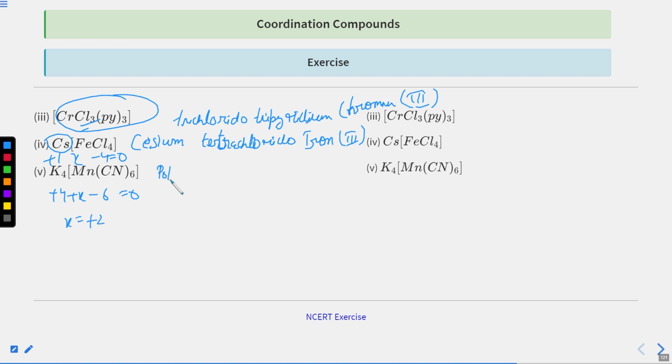So we'll write potassium and then hexacyanido manganese, oxidation state is +2. What about the splitting? See, chromium is in +3, and weak ligands are present. Potassium, calcium, scandium, titanium, vanadium, chromium.